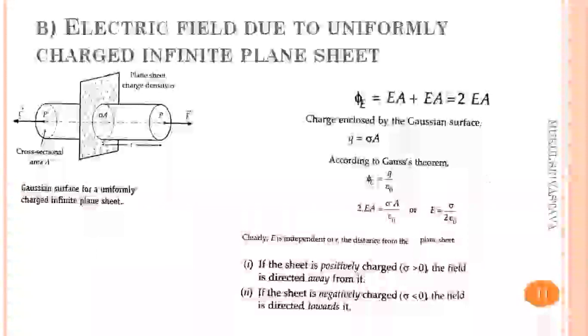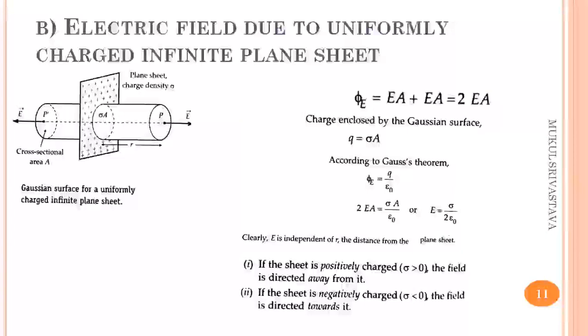Now we are going to find the electric field due to a uniformly charged infinite plane sheet. We are going to consider a thin infinite plane sheet of charge with uniform surface charge density sigma. We wish to calculate its electric field at point P, as you see in this figure.